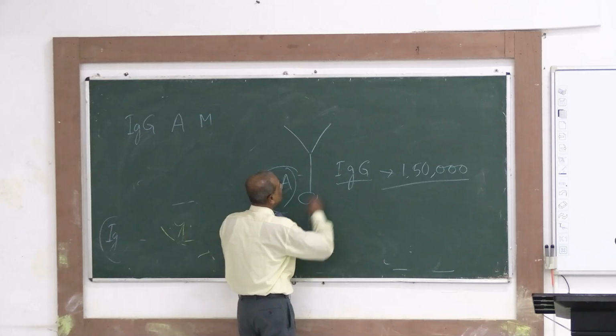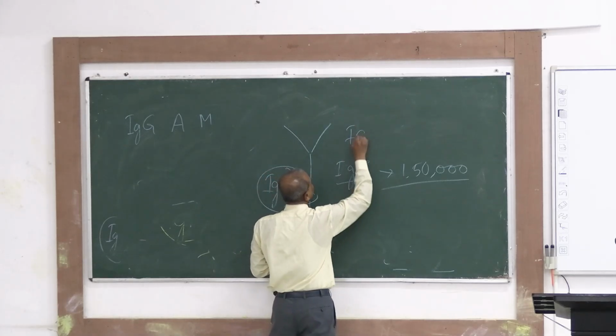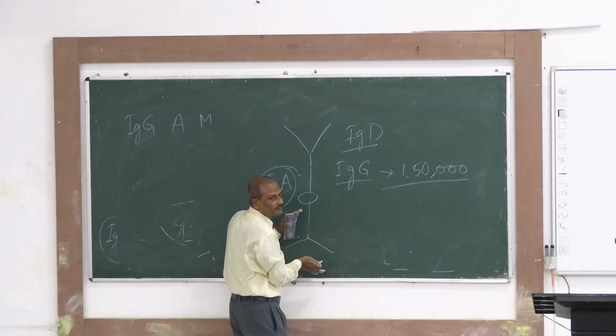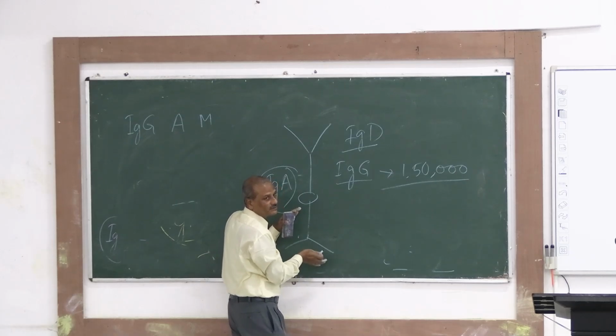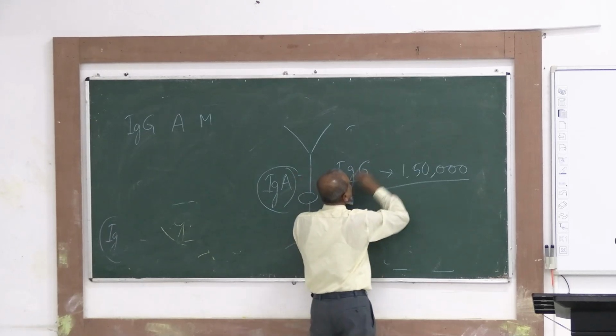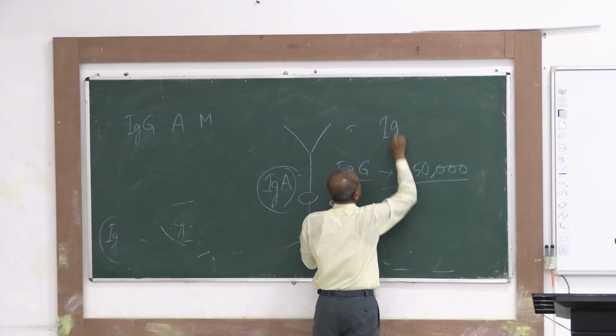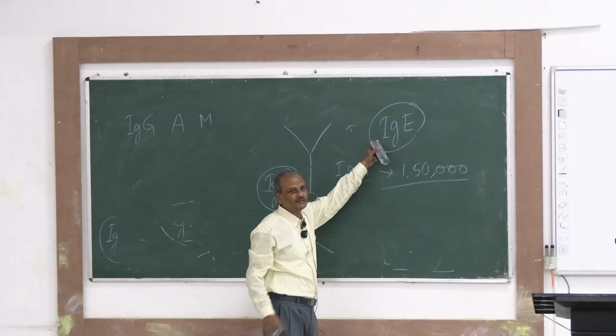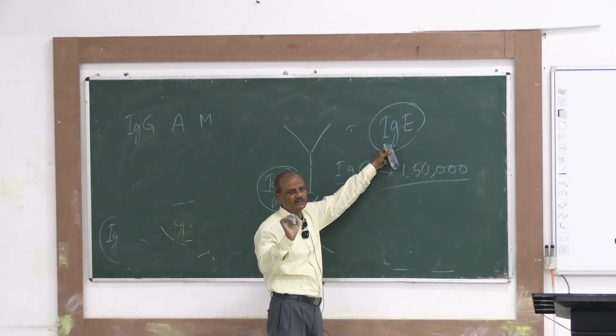And IgD function is not that much known. It binds with the immune system and it confers immunity also. IgE is related to allergy. IgE is the minimum level present in the blood.